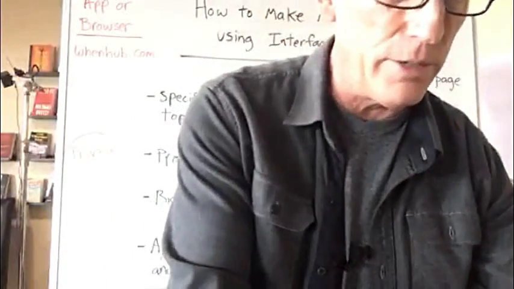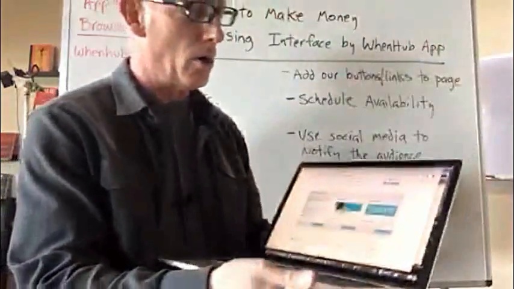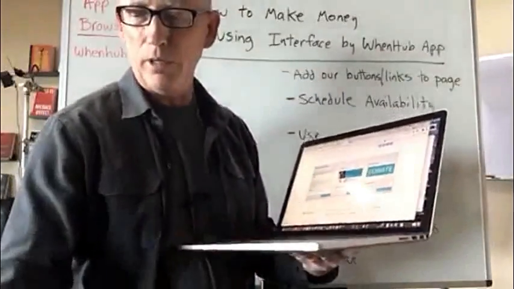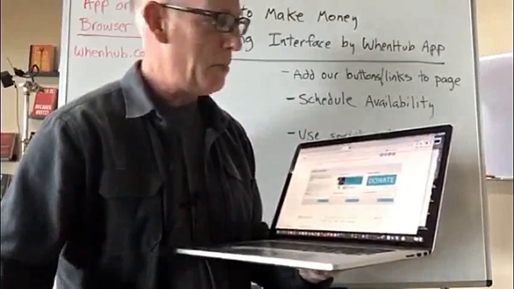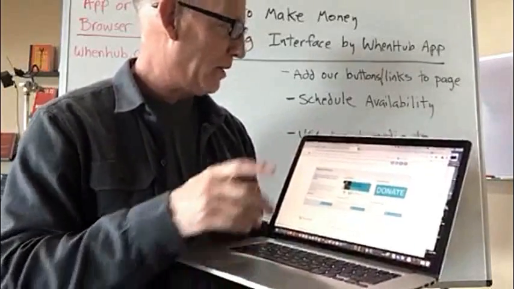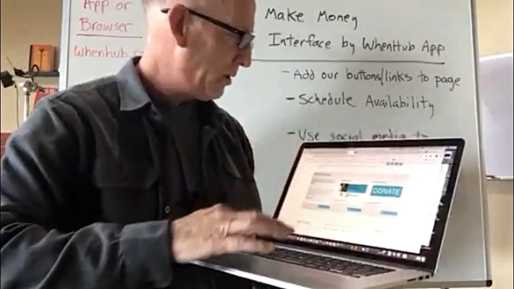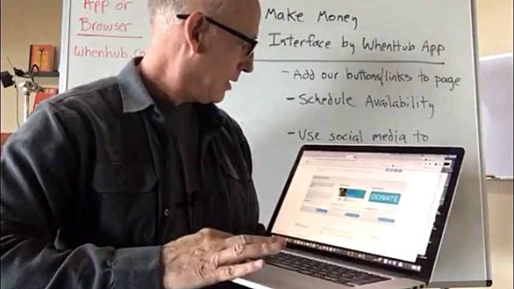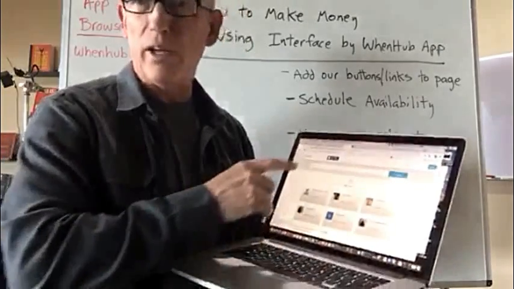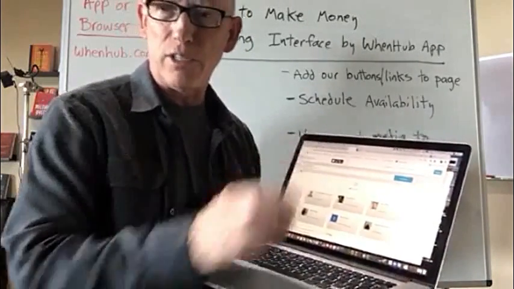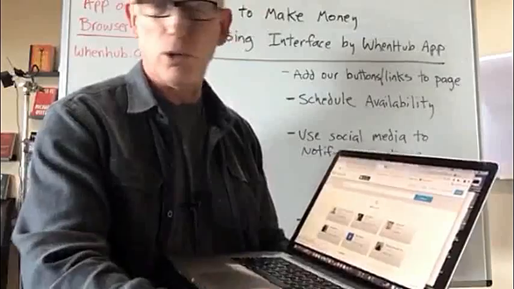Now, if you want to use the Interface by WhenHub app on your computer, as opposed to its form on the mobile or the iPad, you can go to WhenHub.com, but let me back up to this page. If you can see up here, there's a little banner that says download for Mac.